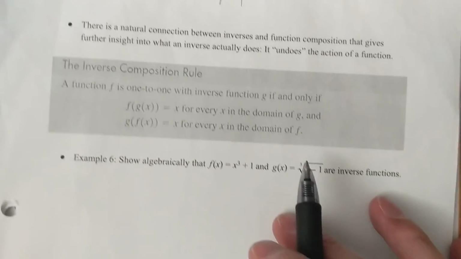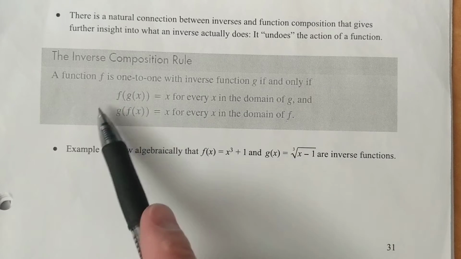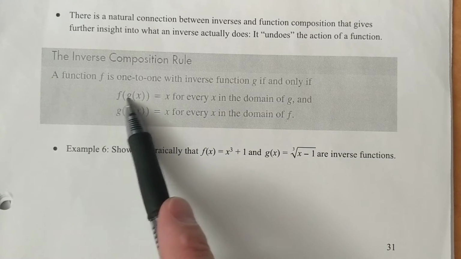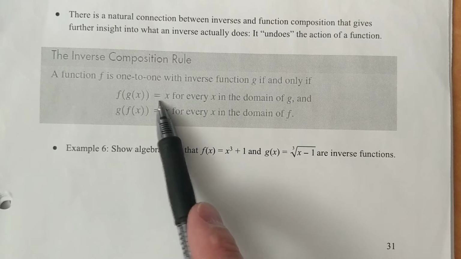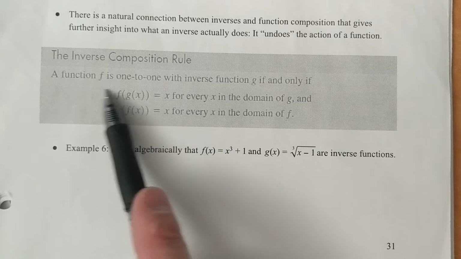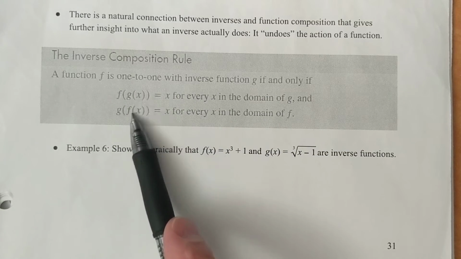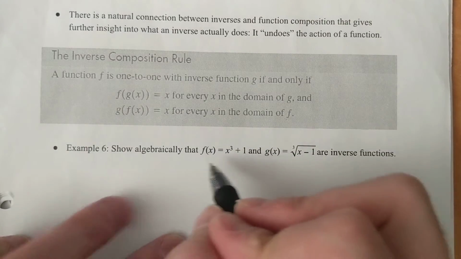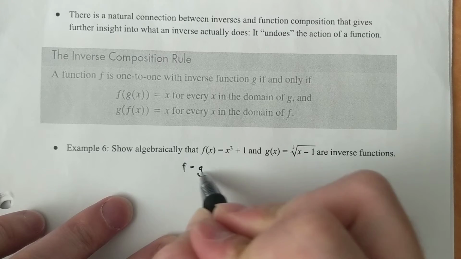Okay, down here we've got the inverse composition rule. This is how you check to see if your inverse is correct. If you form a composite between two functions and you get x out, just x, that means they are inverses of each other. So a function f is one-to-one with inverse function g if and only if these are true. Here's my f, here's my g, so I'm going to find f of g.